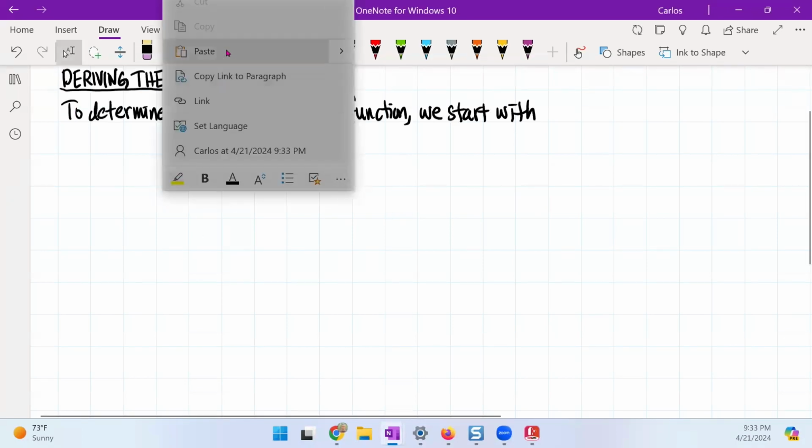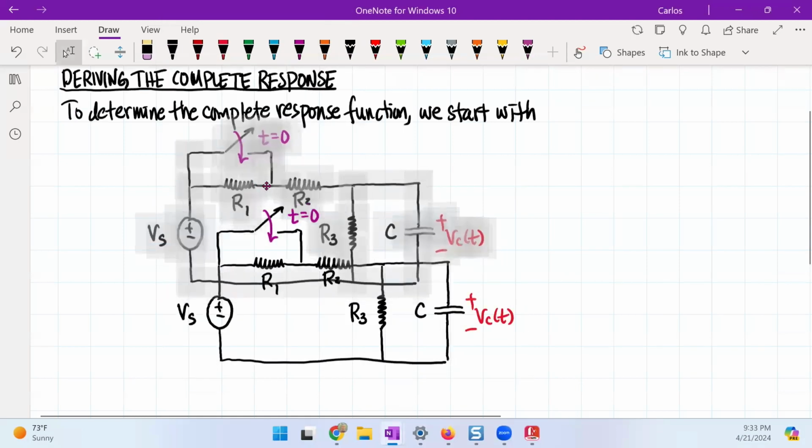So I'm just going to paste that in since we've already drawn it out. So I'm going to use this circuit right here.